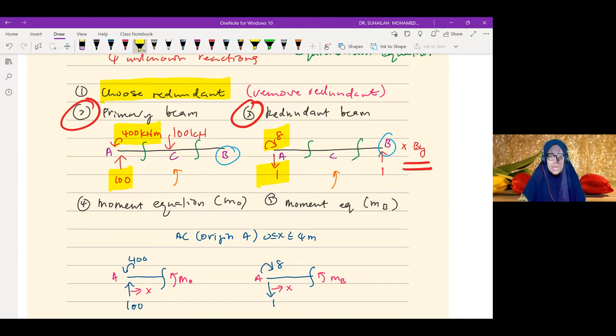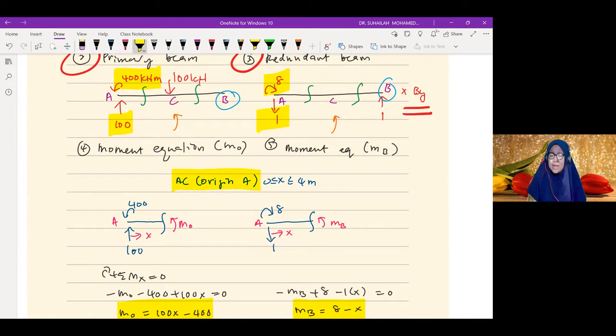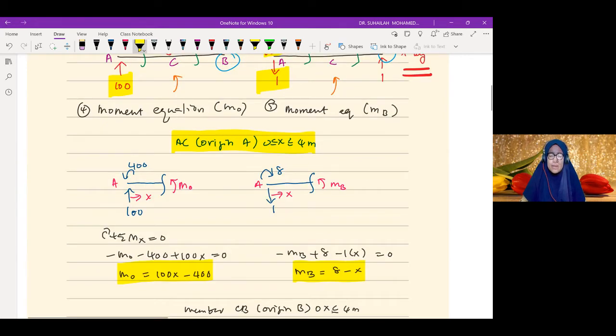So due to that, we write the moment equation, and we have two cutting sections. One is for section AC and another one is for section BC. The first cutting section is AC, origin at A, and the limit is from 0 to 4. Be careful with the sign convention.